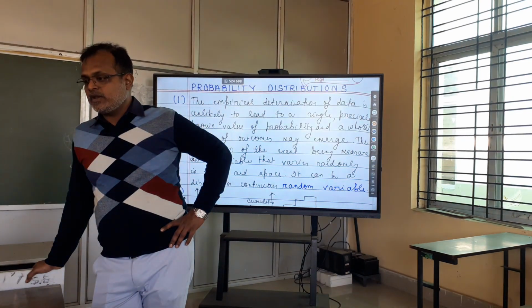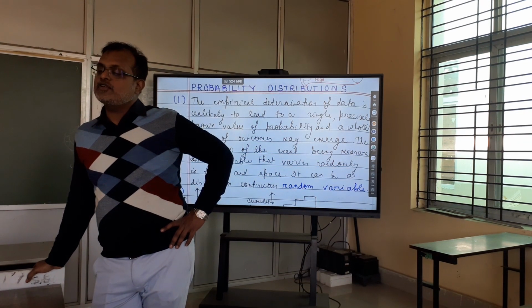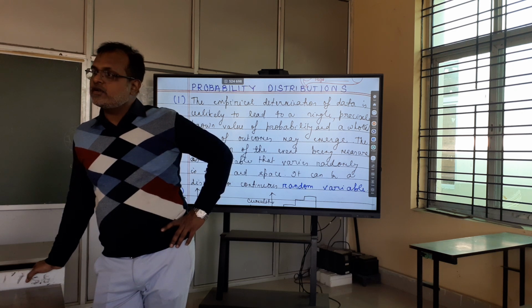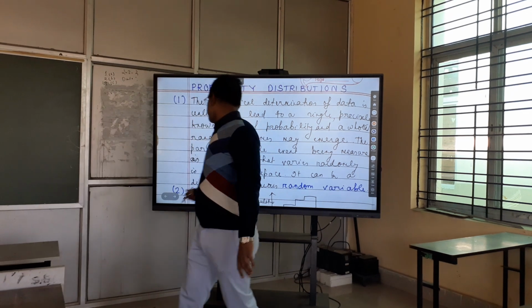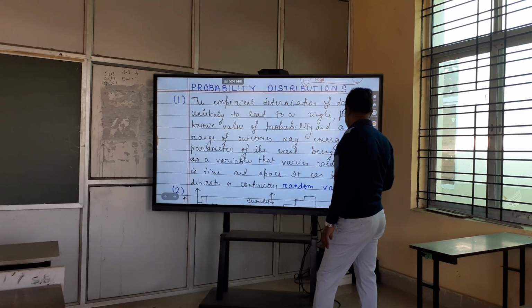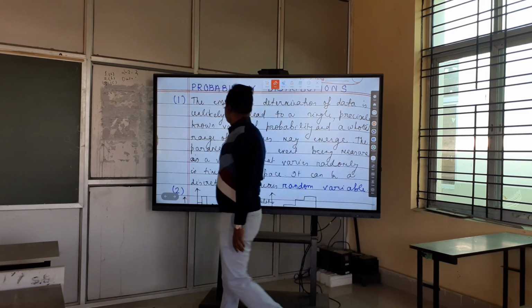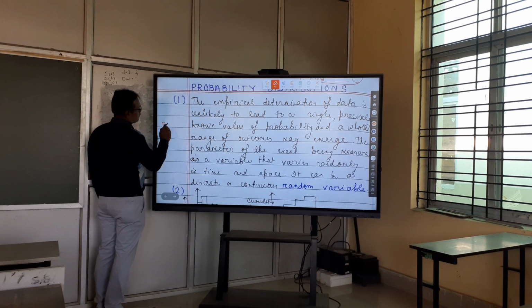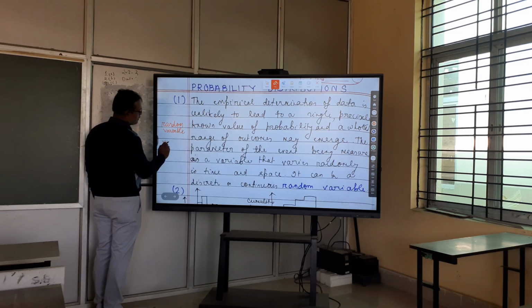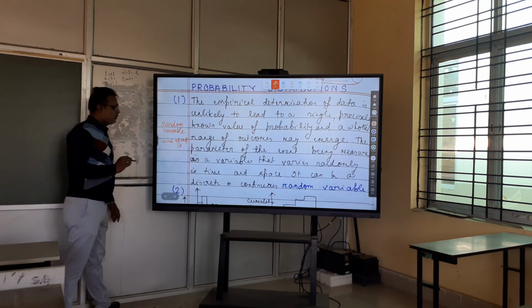What is a random variable? For example, in power systems, the uncertainty is represented by random variables. An example is wind speed V. It is a random variable.